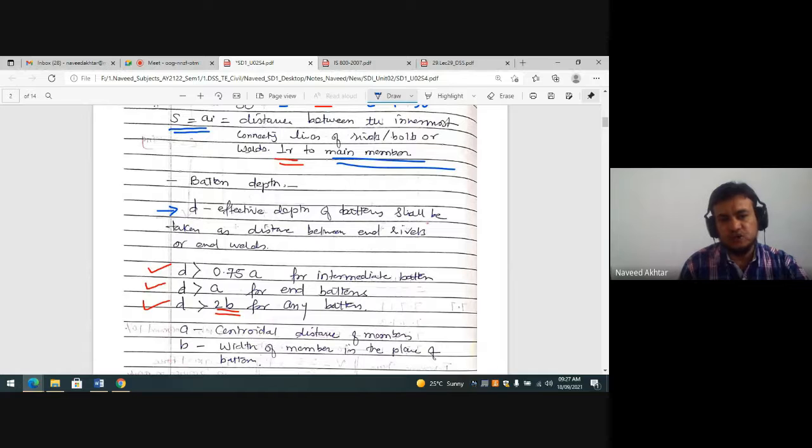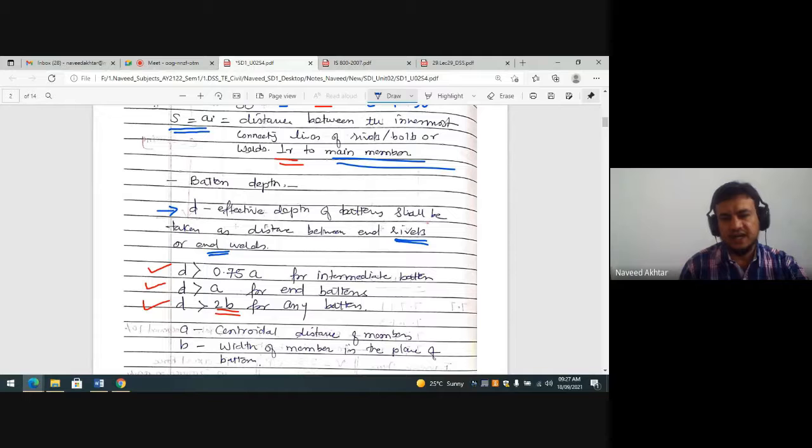The effective depth of batten shall be taken as the distance between end rivets or end welds. So d should be taken as the distance between the end rivets and end welds.